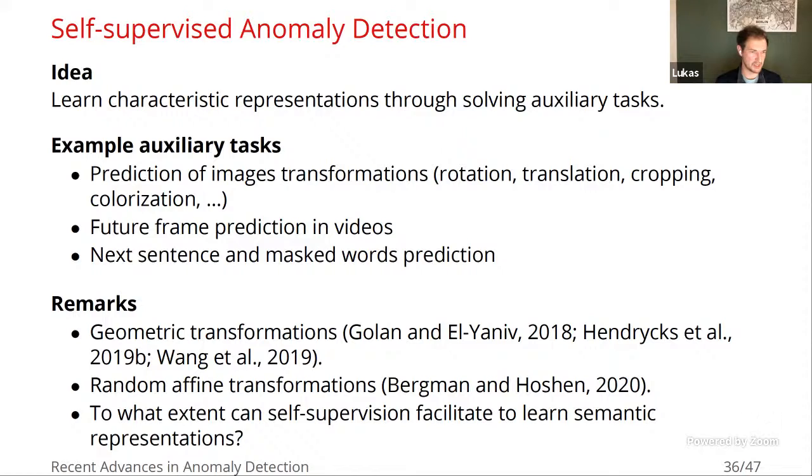And this has been recently extended, also this year at ICLR, to random affine transformations for general types of data by Bergman and Hoshen. And of course, the overarching question for these types of approaches is to what extent self-supervision can facilitate learning semantic representations.